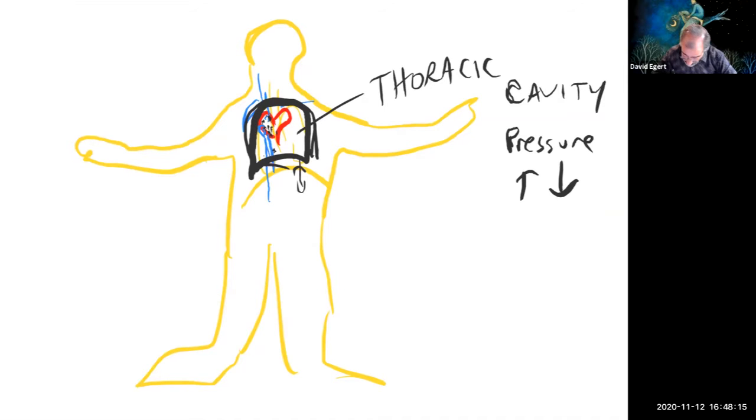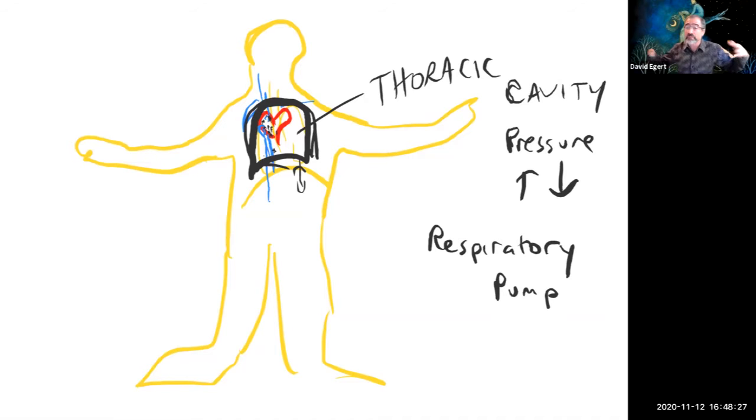They call this the respiratory pump. That's happening because the heart and these large veins are in the thoracic cavity, which is undergoing these undulations of pressure that are driving your pulmonary ventilation, driving your breathing, inflating and deflating your lungs.